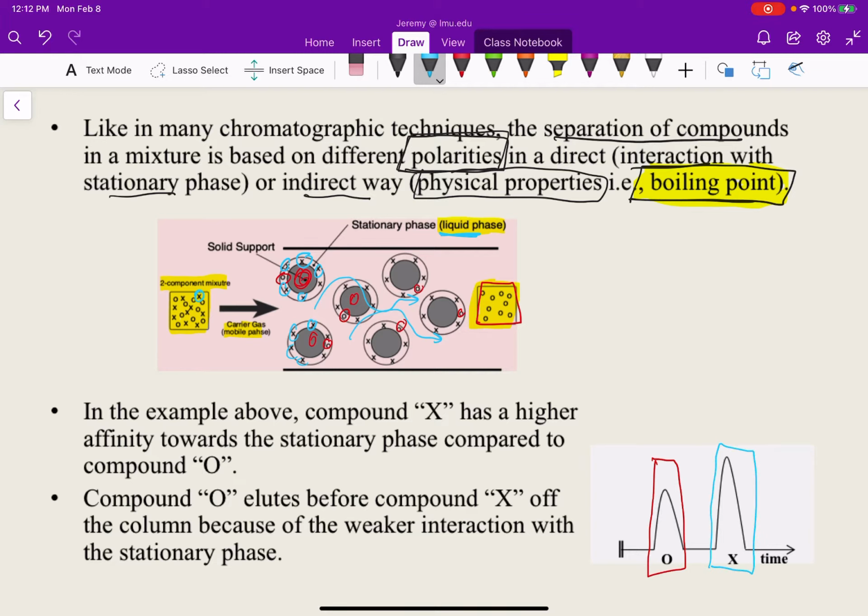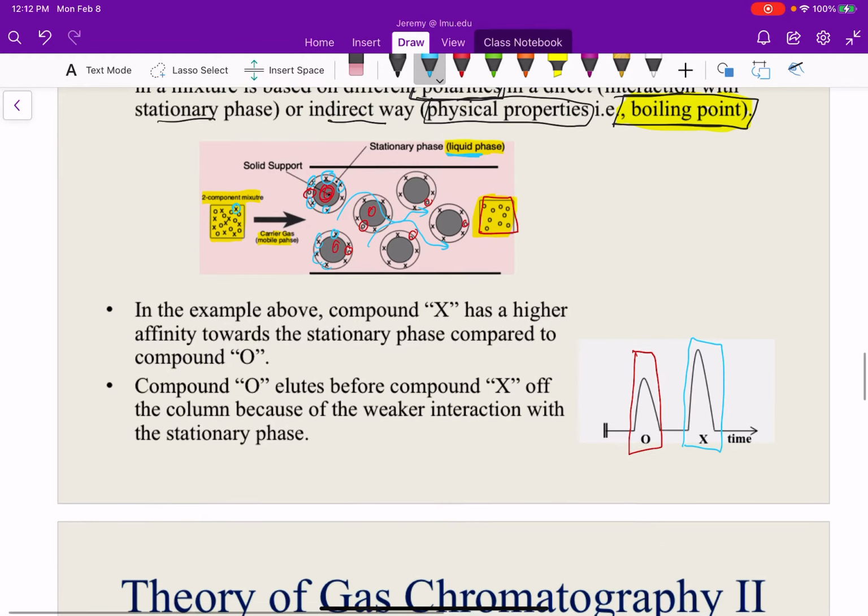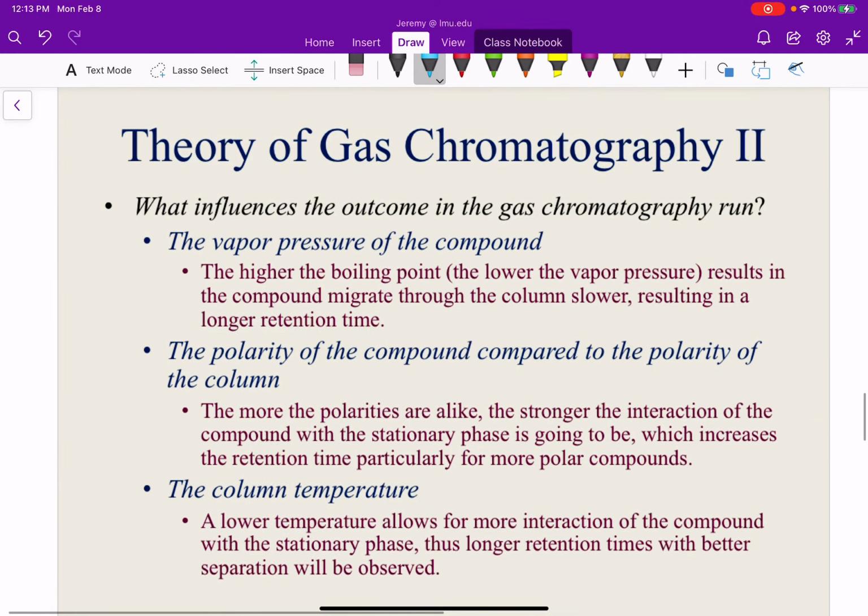It will have a longer retention time, okay? So different chromatography techniques vary depending if it's more on boiling point and polarity. GC is really based on both polarity and boiling point, but boiling point is really the bigger factor when you're comparing retention times. All right?